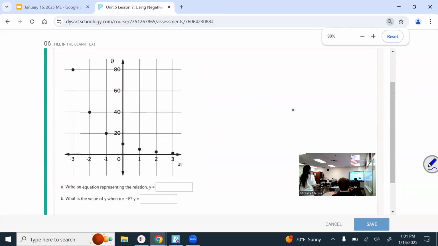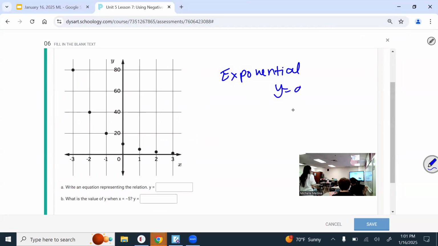Just like how you know linear is y equals mx plus b, you need to know that exponential is what? Good. A times b to the x. And when it's set up like this, probably use this one instead of the other one I showed you, because you should be able to figure out what you need to multiply by each time.